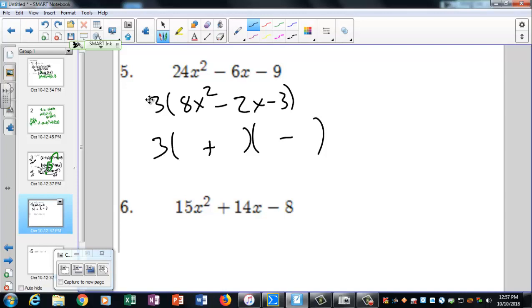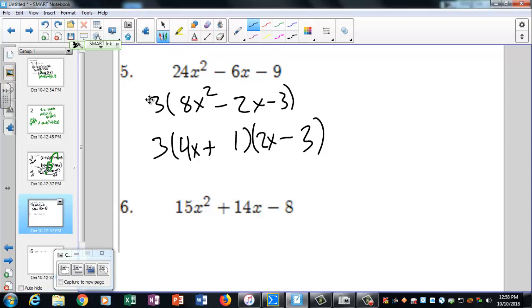Well, the way you can tell is this 3: the only options for 3 are 1 and 3. I think we all agree on that. And what are the options for 8x squared? 4x and 2x, right? Now, what I said to you was, don't put common factors side by side.